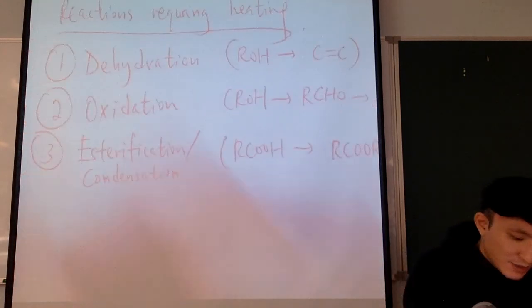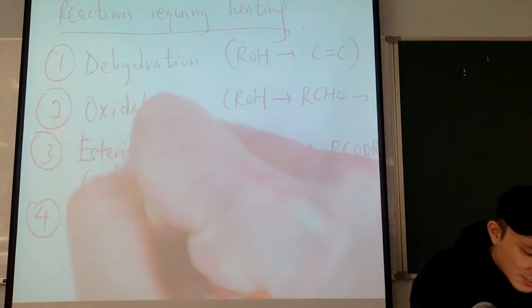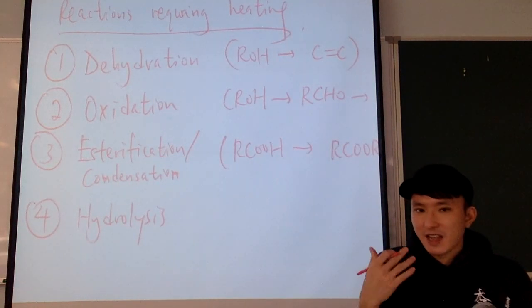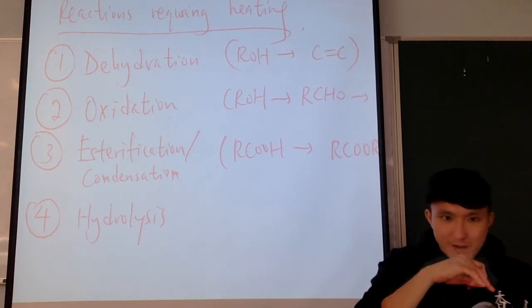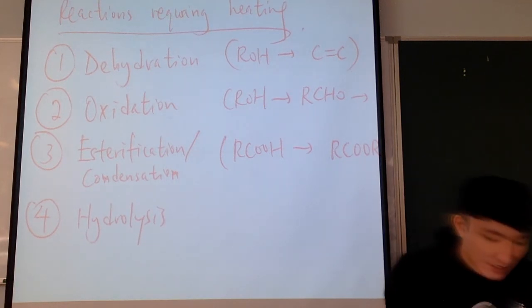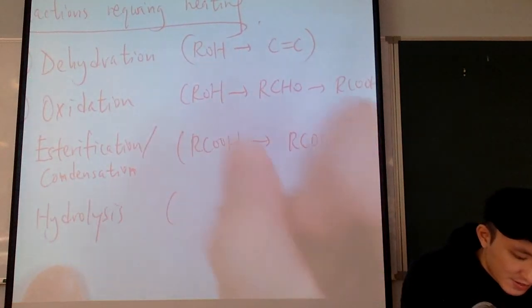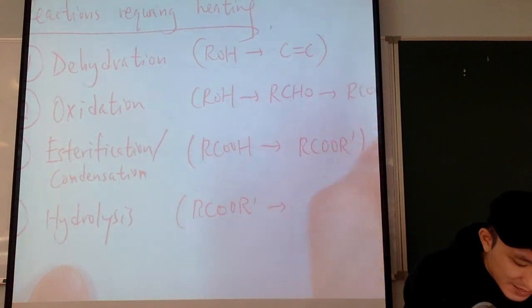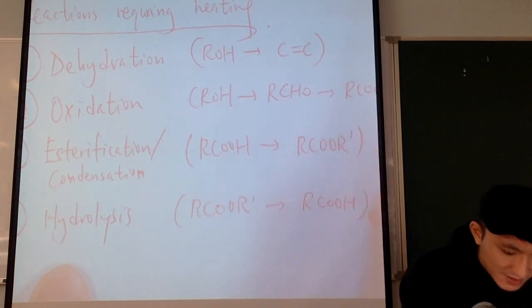Okay. The fourth type is hydrolysis. Hydrolysis, no matter if it is acid hydrolysis or alkaline hydrolysis, it must require heating. Also, no matter if it's ester or amide, you must heat it. So here, basically, we're trying to say ester becoming acid. Okay.